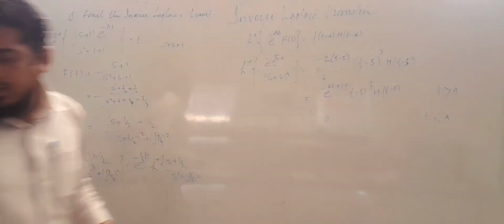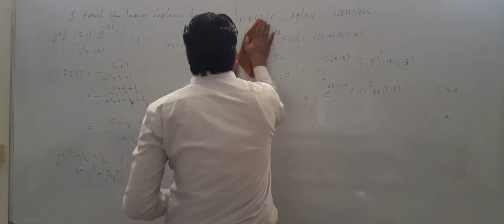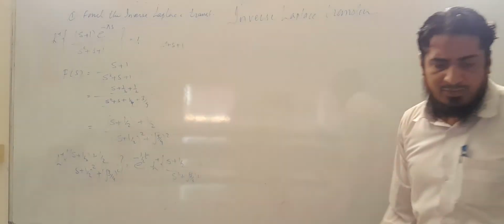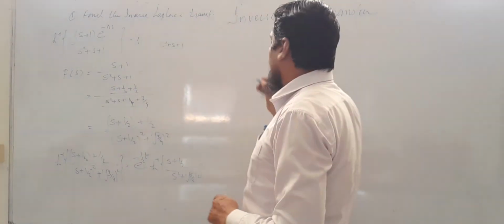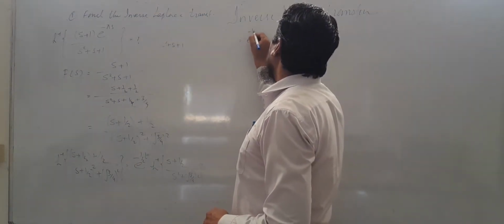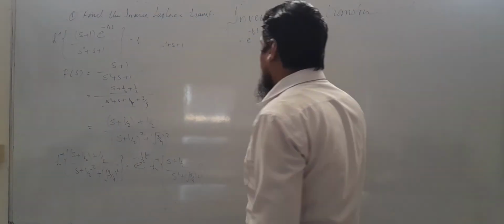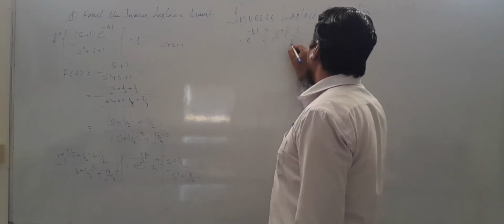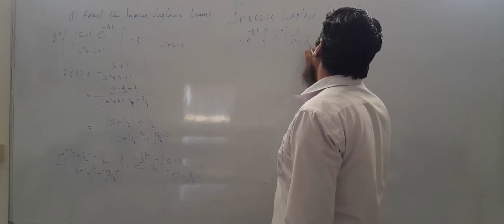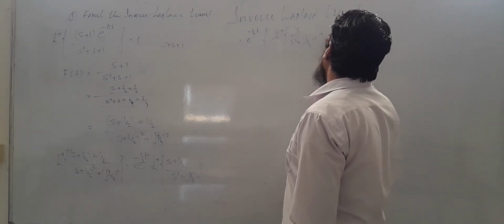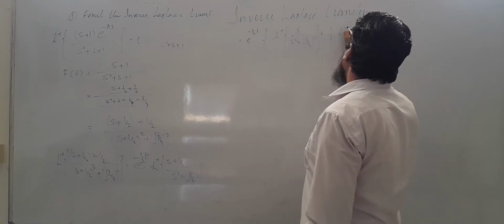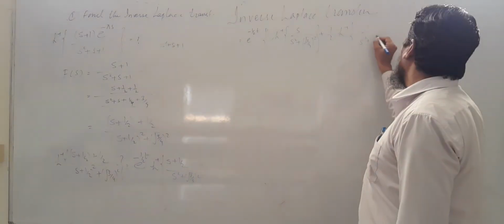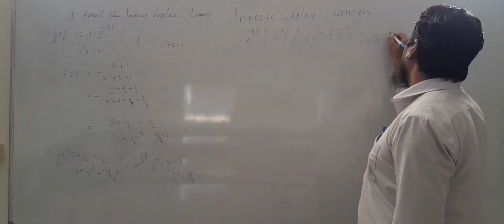So we will get e raised to minus 1 by 2 t times inverse Laplace transform of s upon s square plus (root 3 by 2) square plus 1 by 2 times inverse Laplace transform of 1 upon s square plus (root 3 by 2) bracket square.